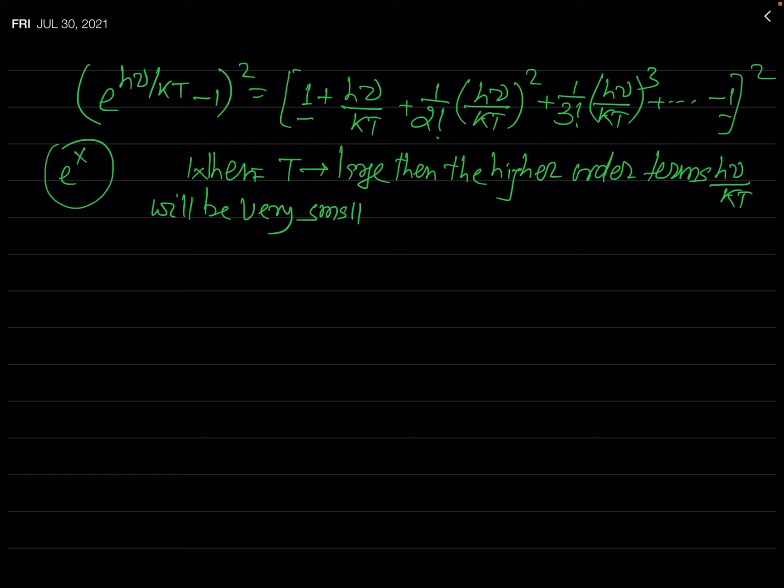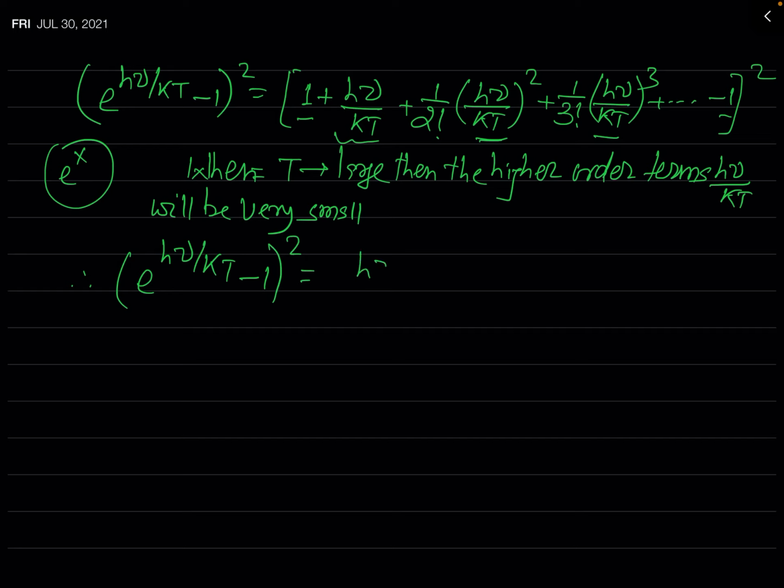When t will be large, then t square, t cube will be very, very large. So all these higher order terms will be negligibly small in comparison to h nu by kt. So you can neglect all the higher order terms in this expression, and our result will become e raised to the power h nu by kt minus 1 whole square.